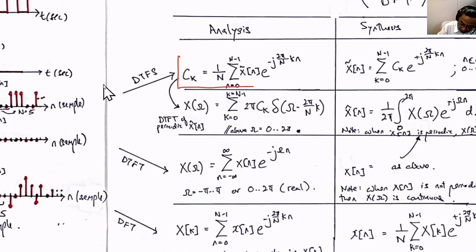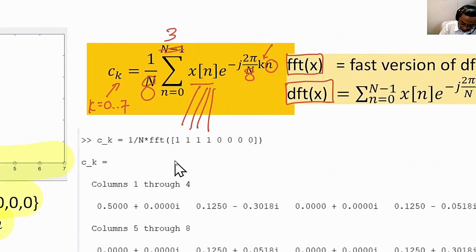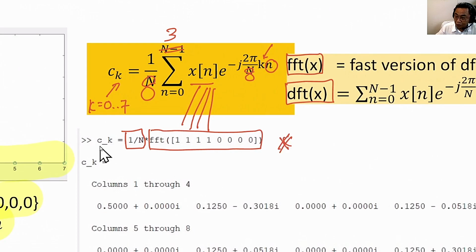This is the DTFS and this is the DFT, and they are related by 1 over N of the DFT is DTFS. So what do we do? We write this equation. 1 over N times the FFT of this sequence is how we calculate Ck. Okay, so you should do that, as well as you should write your own routine to solve this for yourself.